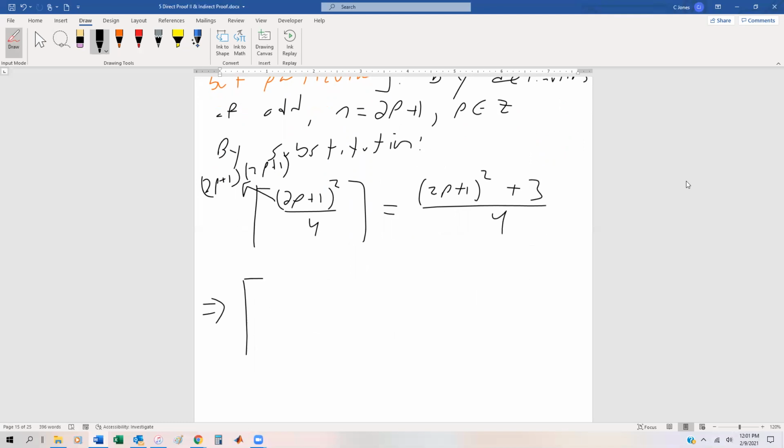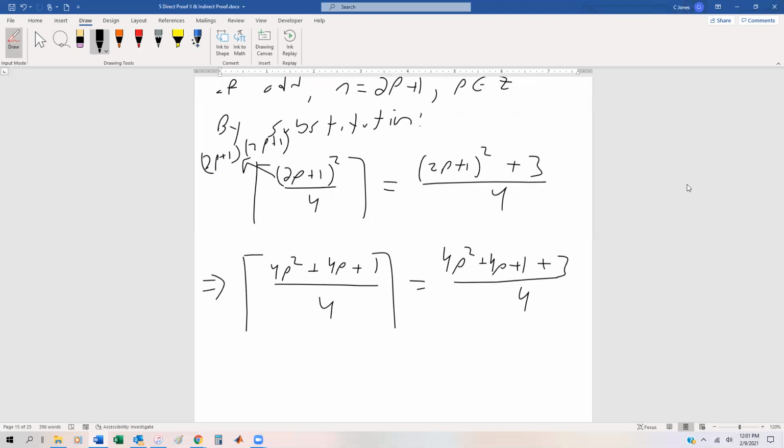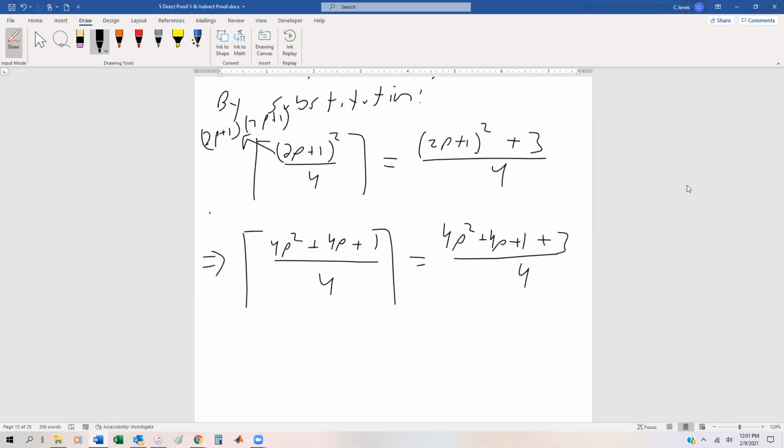And that's going to work out to be 4p squared plus 4p plus 1. And same thing on the right-hand side, that's going to be 4p squared plus 4p plus 1 plus 3. Our justification for that is just by multiplication.